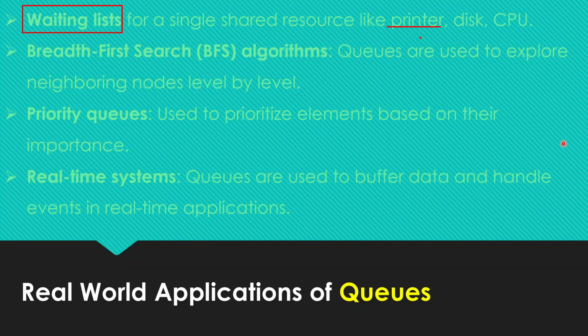So after one is done, then we process the next one that is at the front. Similarly, when it comes to operations that require the disk or the CPU, they're normally queued by the operating system.